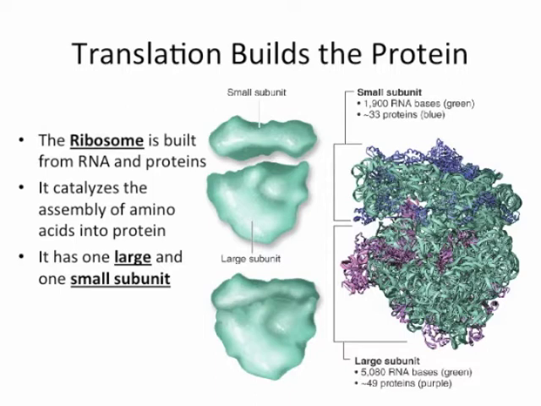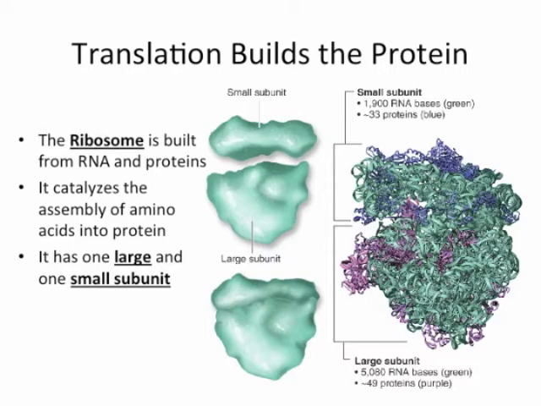It has a large subunit and a small subunit, and we're going to learn the large subunit has some binding sites on it. The small subunit binds to the mRNA. They're going to assemble around the mRNA to allow for the process of translation to occur. This is what they'd look like if we actually showed the amino acids, the RNA, and the protein that is mixed together.